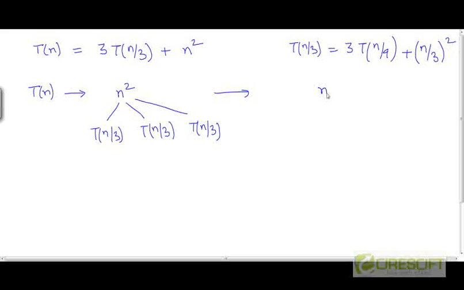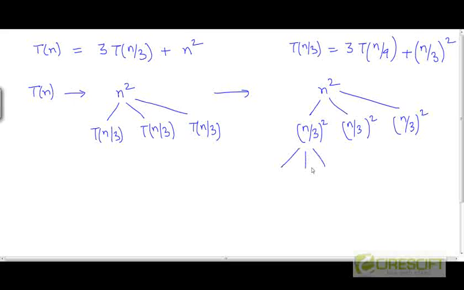So we can expand the tree up to one more level, where we will replace T of n by 3 by n by 3 squared, and each of these nodes will have 3 children, T of n by 9.